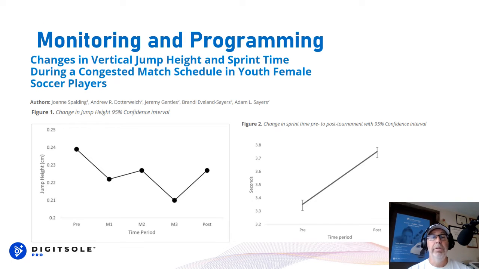But in any event, here's an example where they looked at a vertical jump and sprint before, and measured them within 30 minutes after the end of a specific match. They were looking at what kind of impact that has, because the athletes are really busy. You can see basically a constant decline throughout. We see a linear increase in their sprint time, which means they got slower, and that tells us there was a decrease in performance relative to where they should be.